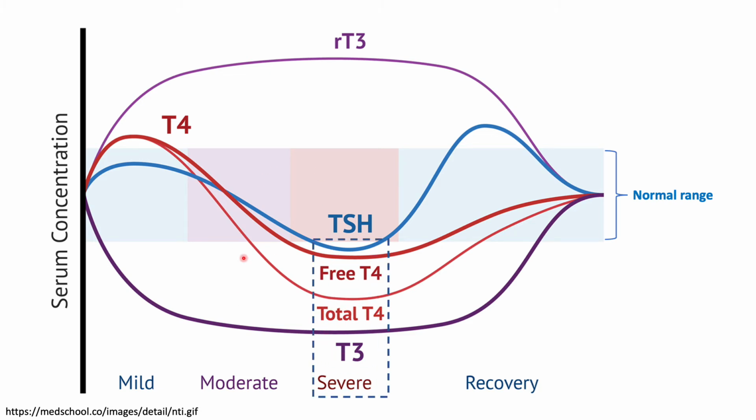But with severe illness, the TSH, the T4, and the T3 are all below the normal range, and this is where it really mimics secondary hypothyroidism.